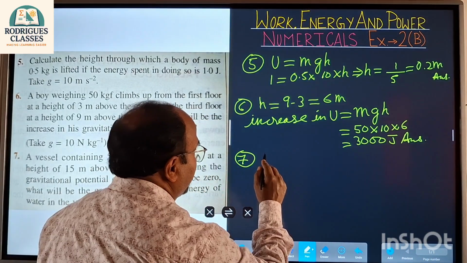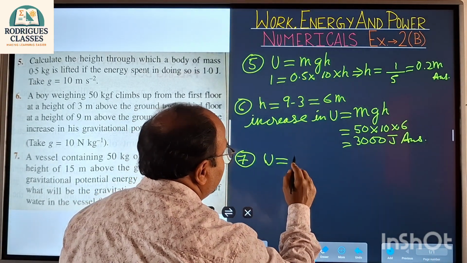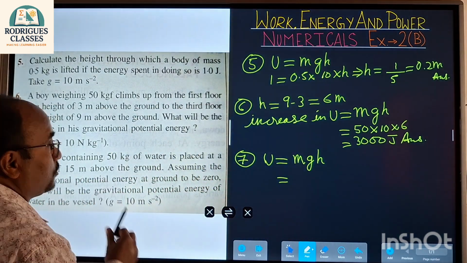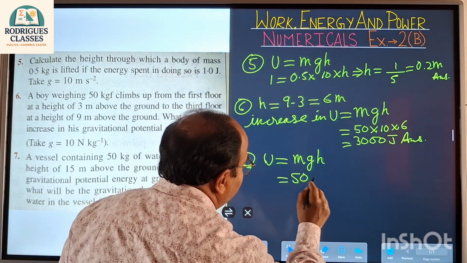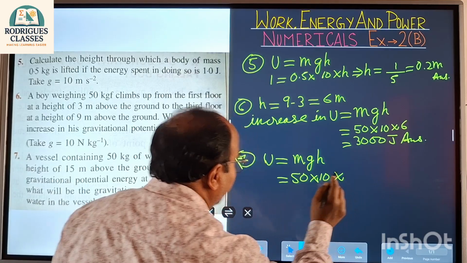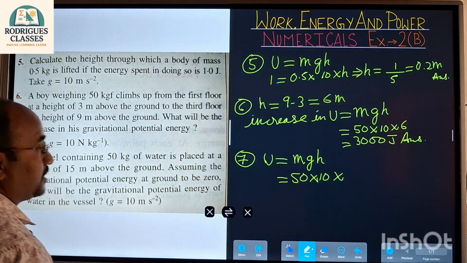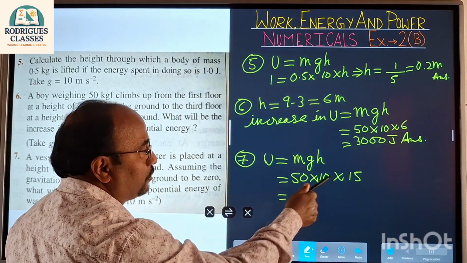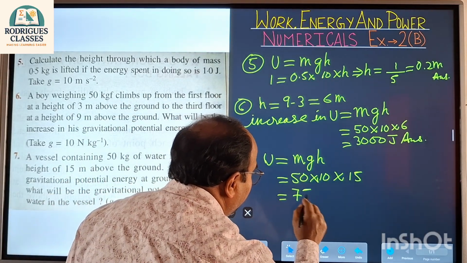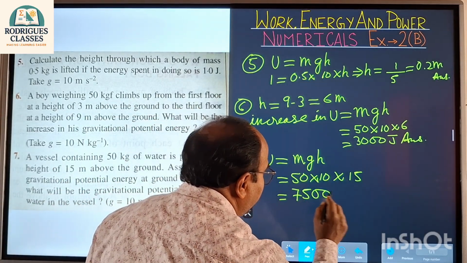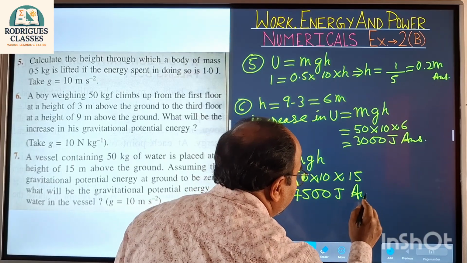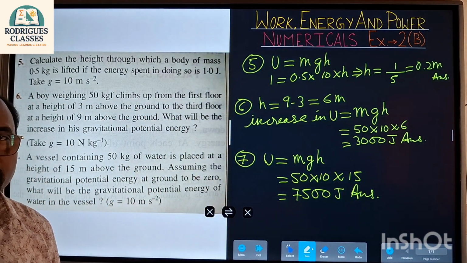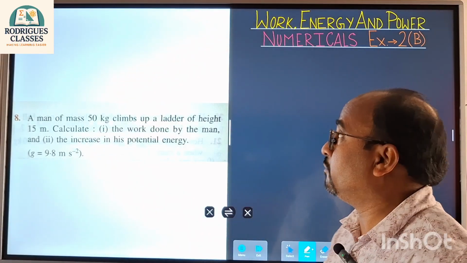So we write the potential energy formula mgh. So mass is given to us 50, g value here also told as 10, and the height is given as 15 meter. So 5 into 15 is 75, and then the two zeros written, so we get it here as 7500 joule.